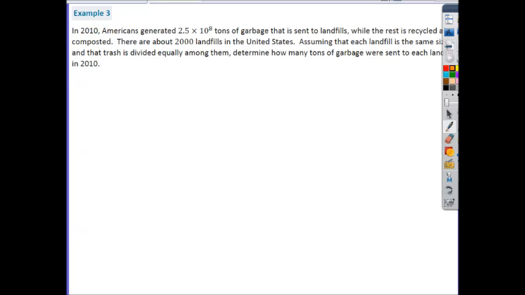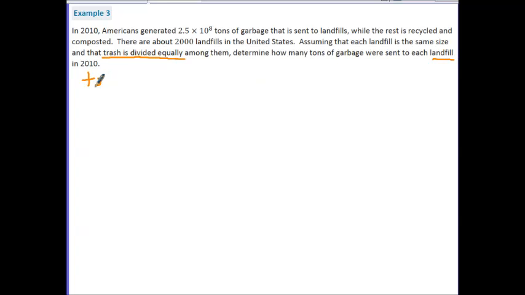Now, one of the big clues here is they actually say the trash is divided equally among the landfills. So that really tells me that what I'm doing is I'm dividing the tons of trash by how many landfills there are. Again, it's similar to our previous question where I'm trying to find a unit rate. How many tons of trash are being sent to each one of the landfills. That's a unit rate.